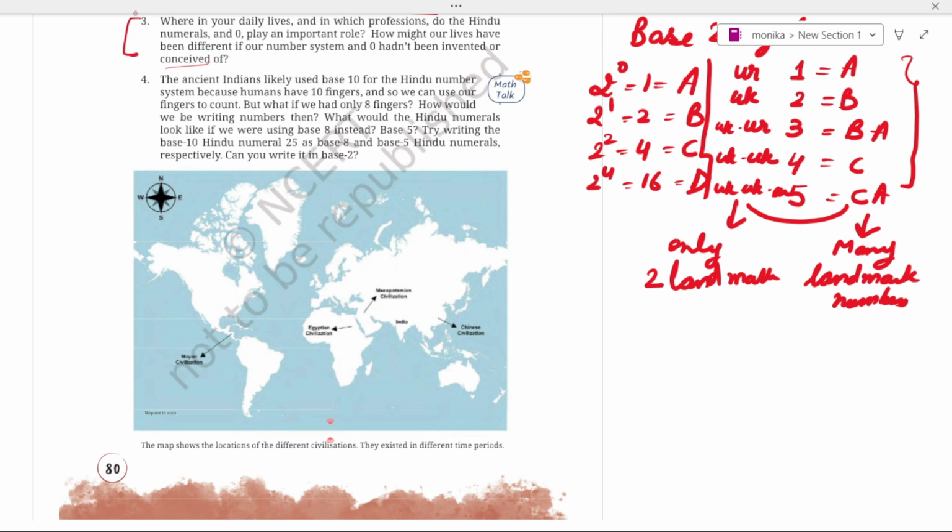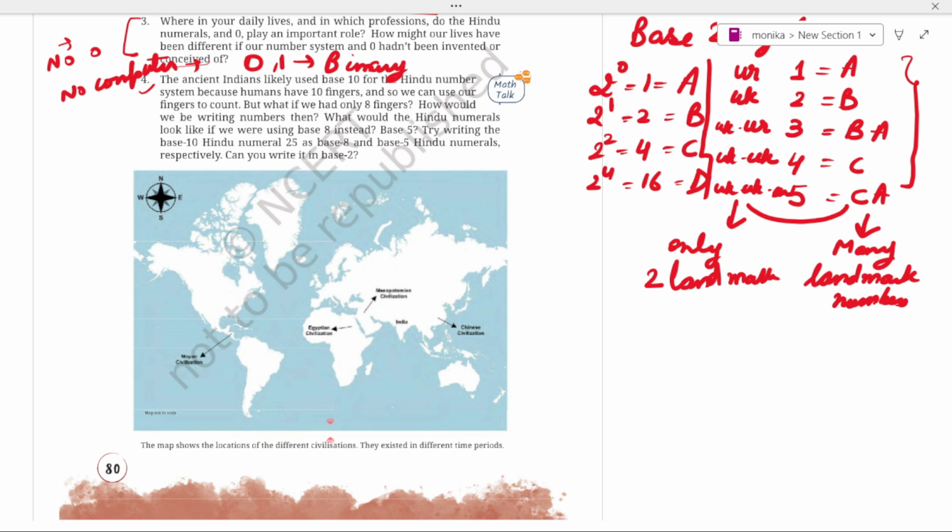If zero was not there, all of the above would have become much more difficult and tedious. So there would have been no computers, obviously. Why no computers? Because computer language depends totally on the 0 1 system, binary language. So obviously 0 is important here.